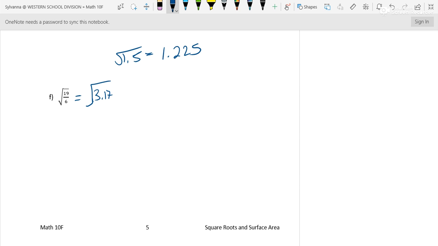That's okay. Like I said, we're approximating. So root 3.17 would sit in between the root of 1 and the root of 4. So the root of 1 is 1, the root of 4 is 2. And I have root 2 in here and root 3.